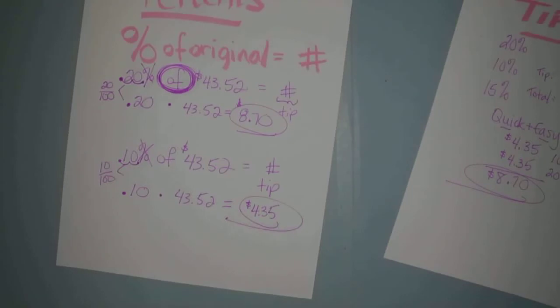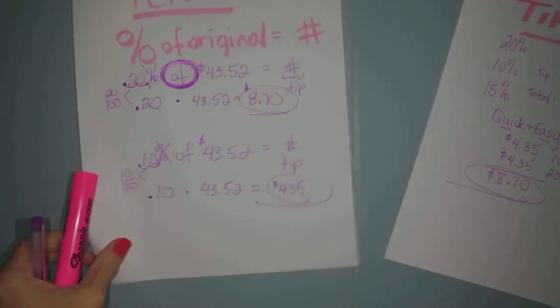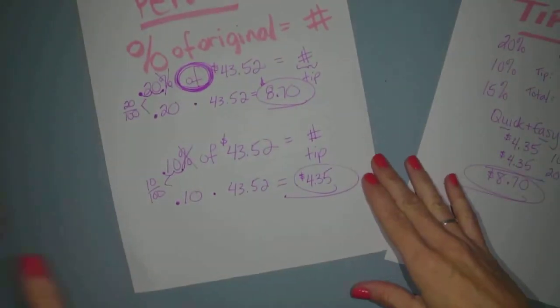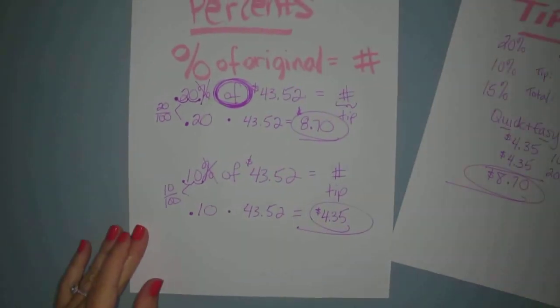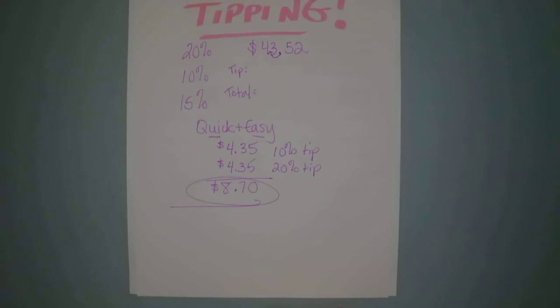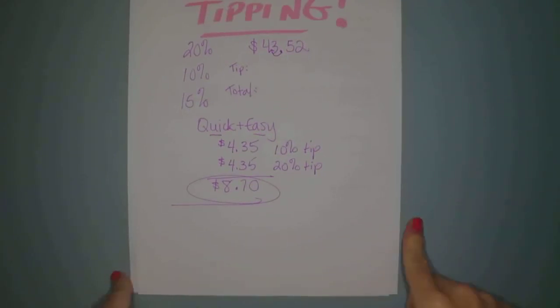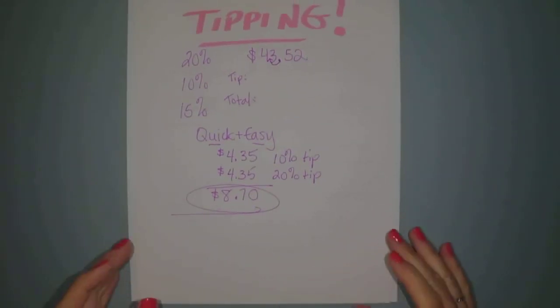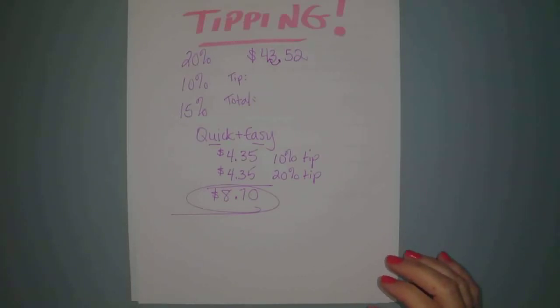You always say, when will I ever use this in the real world? Well, I'm here to tell you, anytime you eat at a restaurant, you're going to use this in the real world. We're going to go into the next video, which is going to go through a few more examples that you can write down on your note sheet for percents.